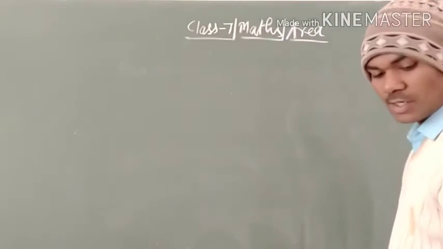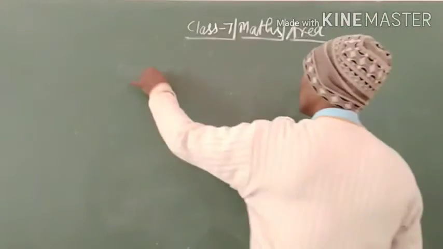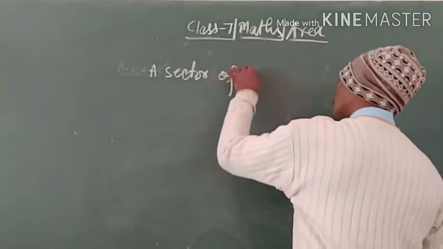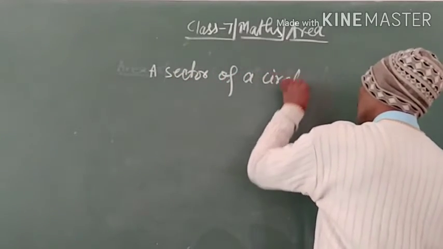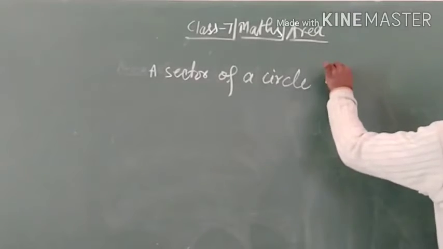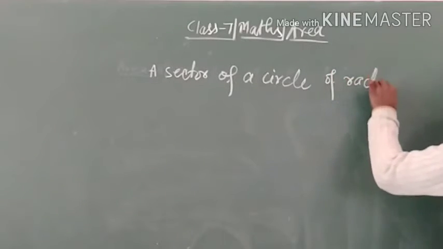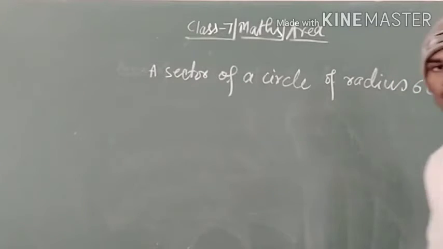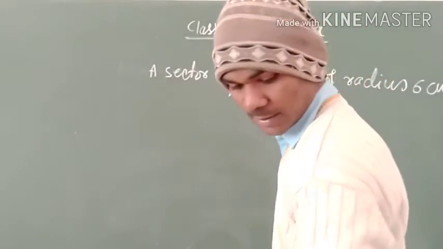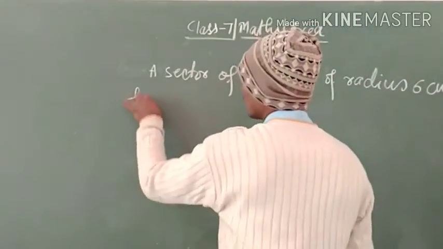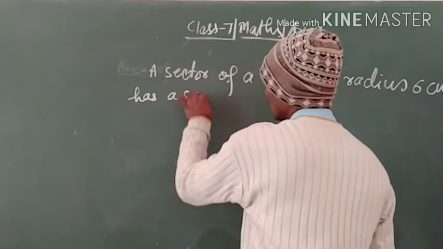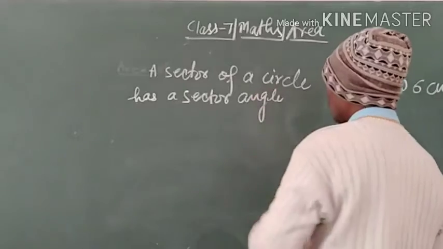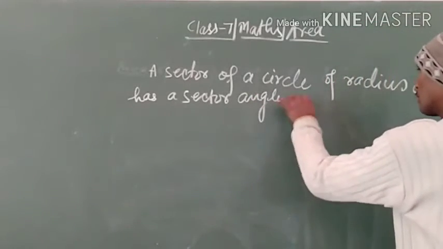A sector of a circle of radius 6 centimeter has a sector angle 35 degree.